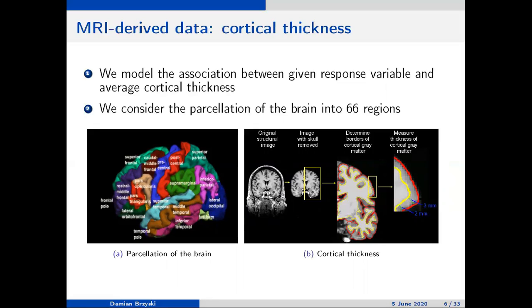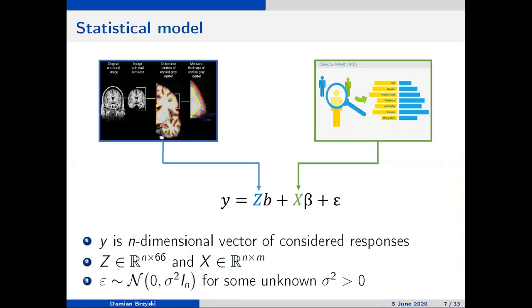And once again, you can do this for any subject. So consequently, when you stack these observations in the matrix capital Z, you'll have an n by 66 matrix Z. This is the matrix which stores the average thickness for each brain region and for each subject.